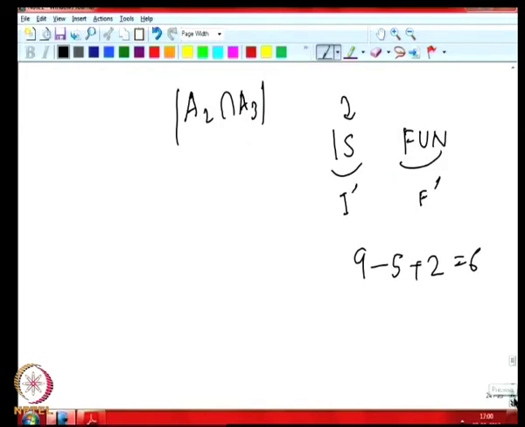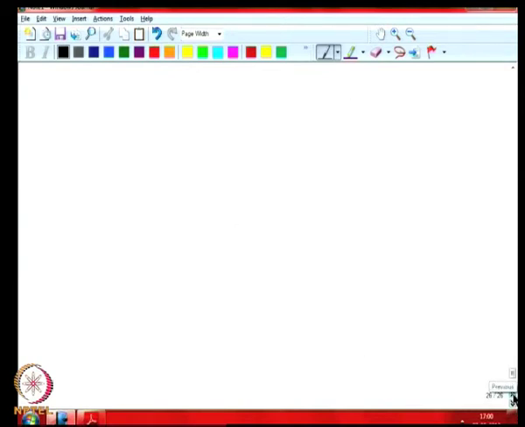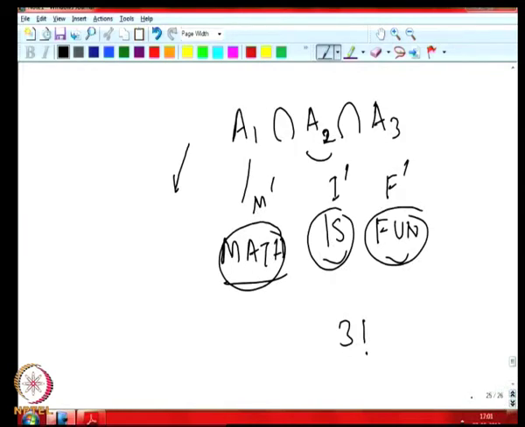Formula gives us the cardinality of U minus A1 union A2 union A3, and therefore that will give us the final answer, namely the number of permutations which has the property that math does not come in consecutive positions, is does not come in consecutive positions, and fun does not come in consecutive positions, right. This is what it will give.